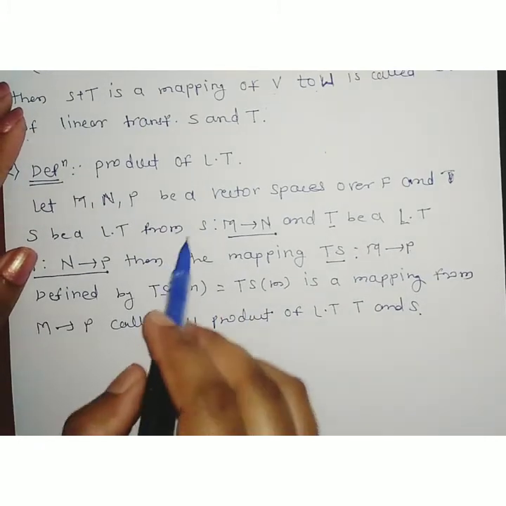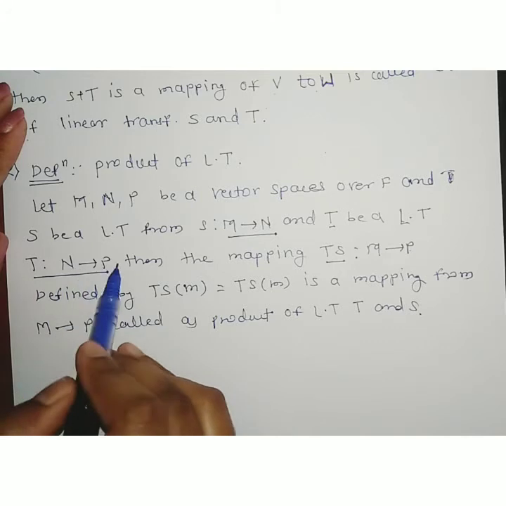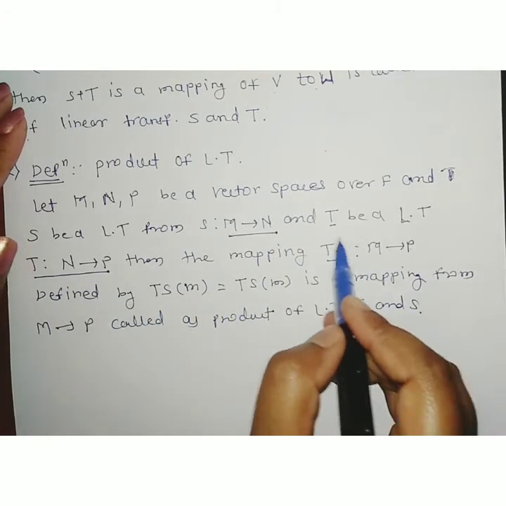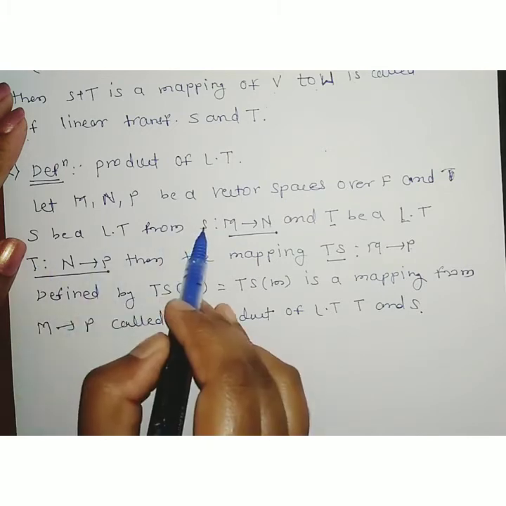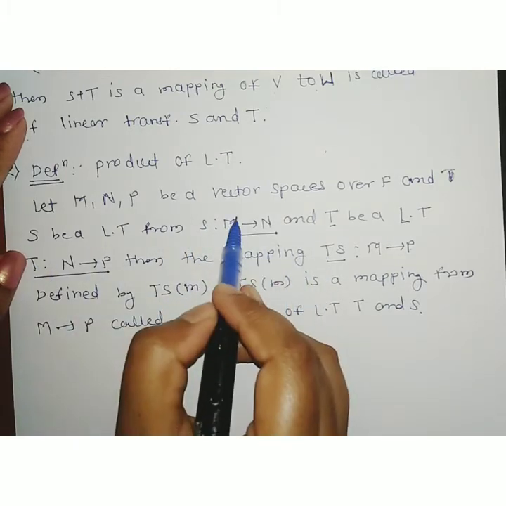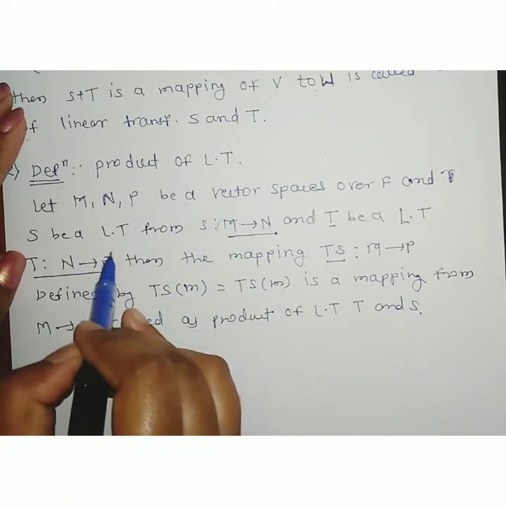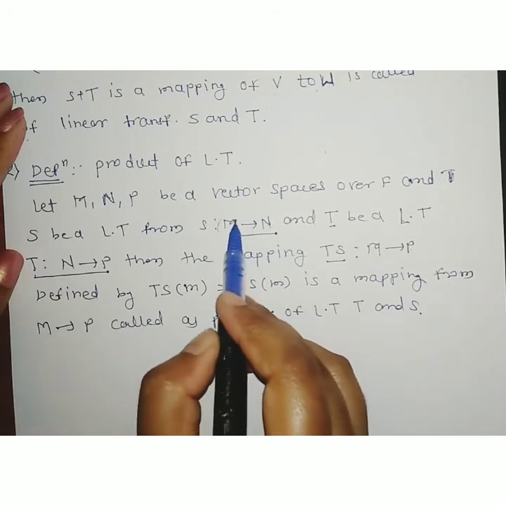Okay, so look here. S is a map from M to N. T is a map from N to P. Then we have to find the map TS, the map of T into S. Therefore, it is a map from the domain of S to the codomain of T. What is the domain of S?